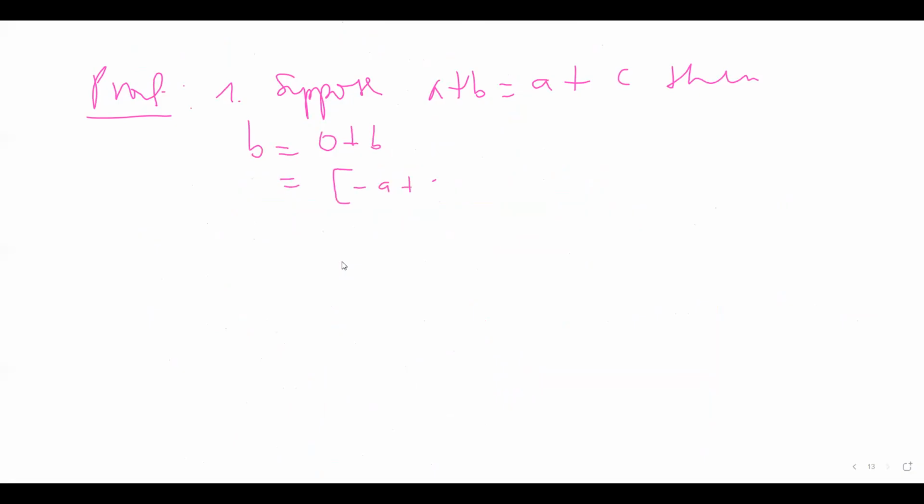So we prove just one or two, or one particularly, and we say that if we consider A plus B to be equal to A plus C, then we can write B to be equal to 0 plus B. And then we know 0, we can write it as minus A plus A, plus B, and then we can write this as minus A plus A plus B by associativity.